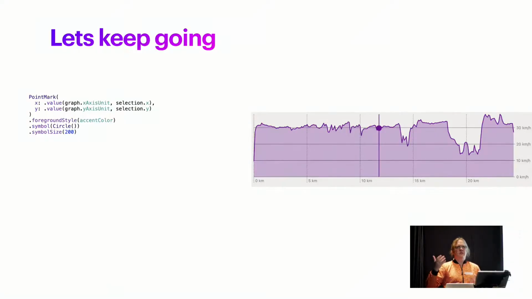So here, X and Y values we feed into the point mark, we give it some styling, we say just draw a circle of an appropriate size. Cool, awesome. That is how straightforward and easy it is to get a very nice interactive graph going in Swift Charts.